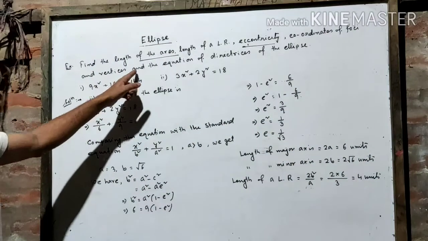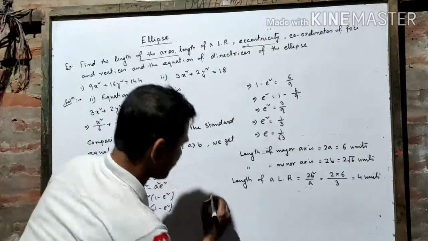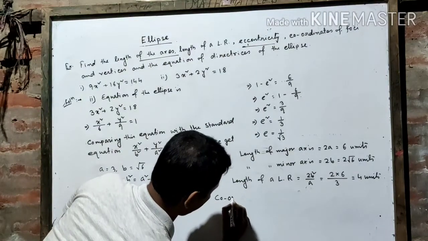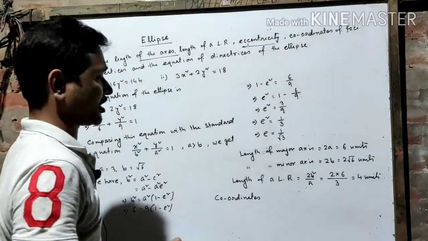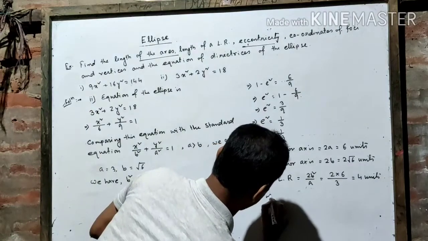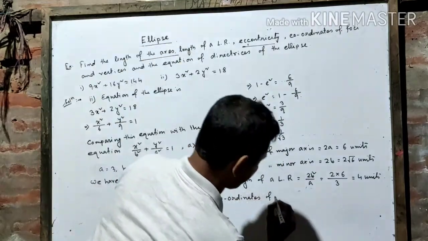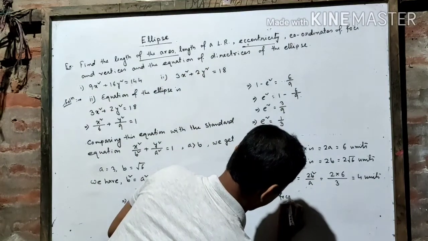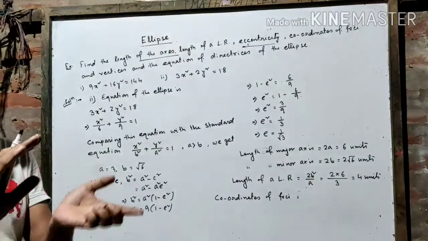Next, eccentricity we have found already. Coordinates of foci. Coordinates and equations are changed according to the equation of the ellipse. Coordinates of foci and vertices. Major axis is the y-axis, so coordinates will be interchanged.